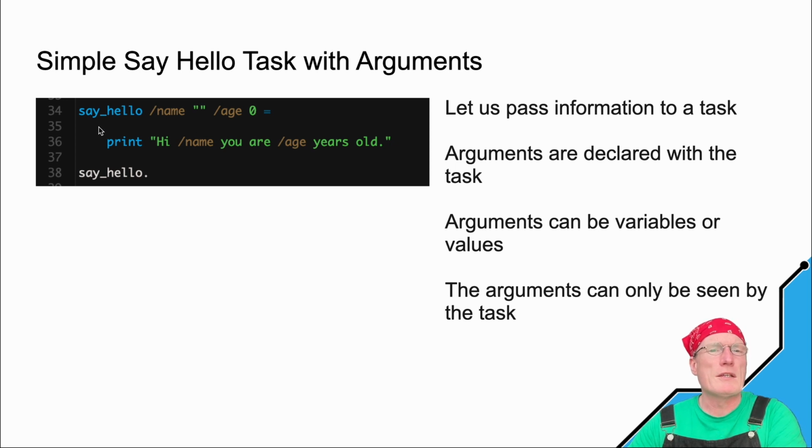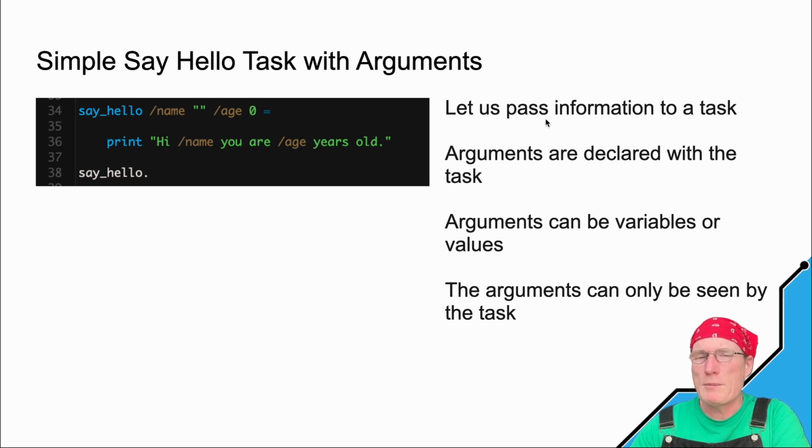So what this has done is we have created a task called say hello, and we have said that when you call that task, you're going to provide a name, and you're going to provide an age. And when you do, the name that you provide will be stored in the name variable, and the age you provide will be stored in the age variable. And then down here we say print hi name, you are age years old.